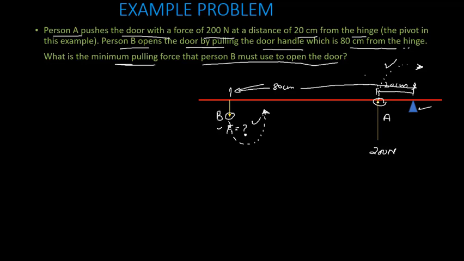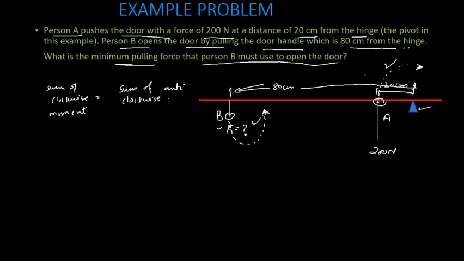So let's first find the balanced condition. Sum of clockwise moments is equal to the sum of anti-clockwise moments, then we will have no turning at all.